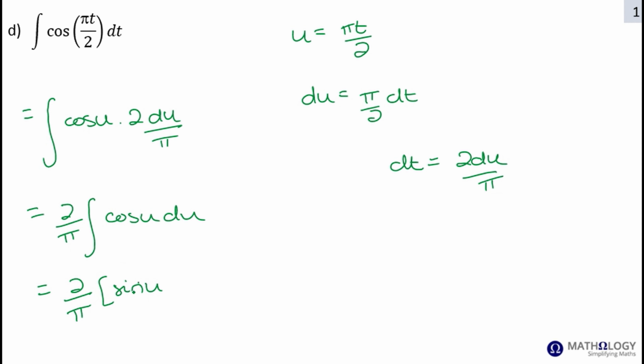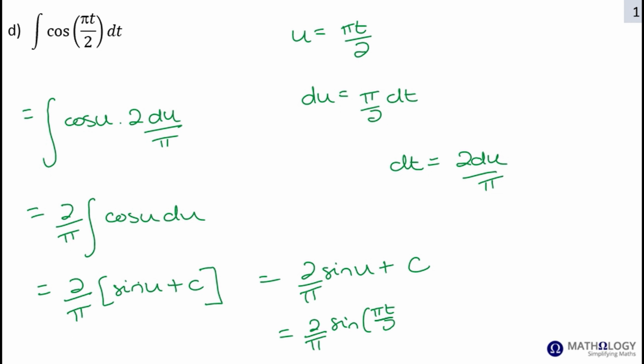So we have 2 over pi times sine u plus the arbitrary constant c. 2 over pi times an arbitrary constant is just another arbitrary constant, so we can just call it c again. And just remember that u is pi t over 2. So the final answer is 2 over pi sine pi t divided by 2 plus c.